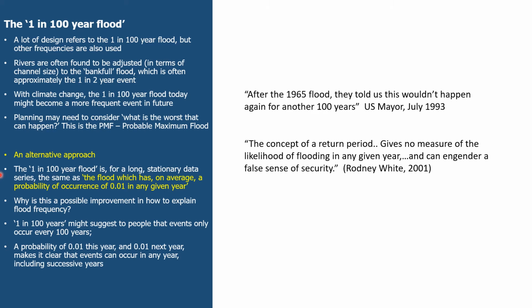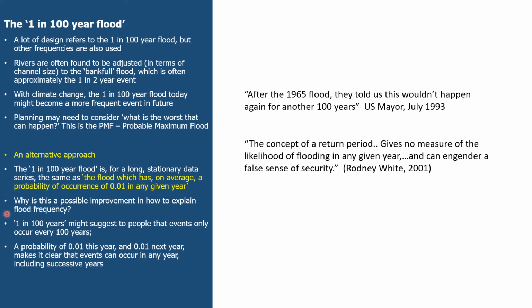And so if an event does occur that is a 1 in 100 year event this year, that doesn't change the chance of it happening again next year. It doesn't mean we're going to have to wait another 100 years. It's got the same probability as occurring next year and the year after and the year after as this year.